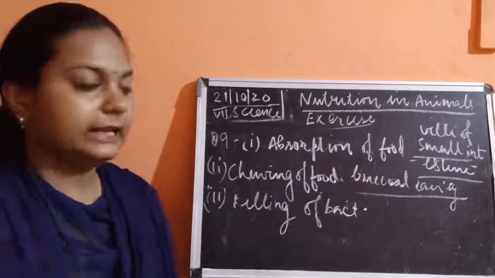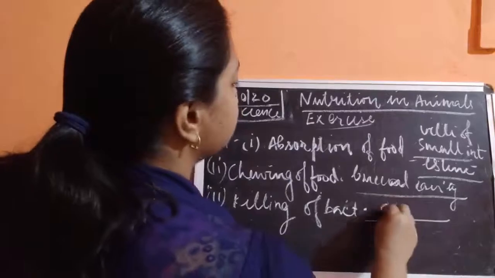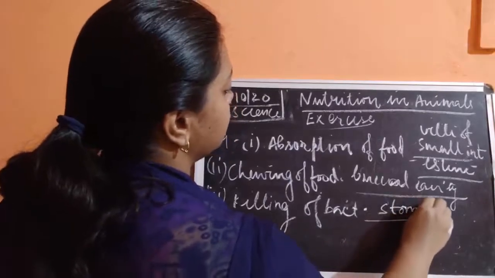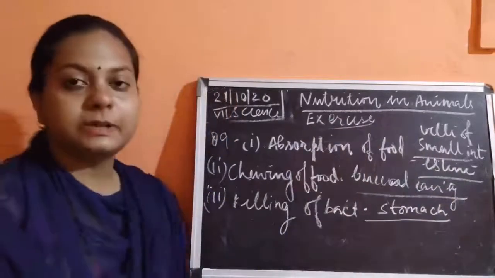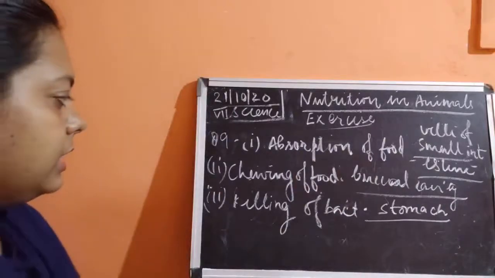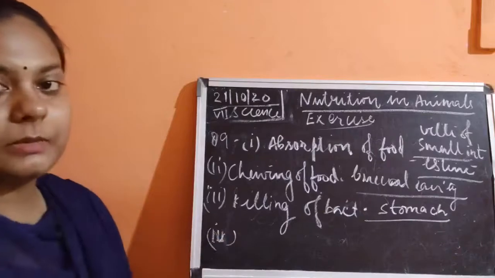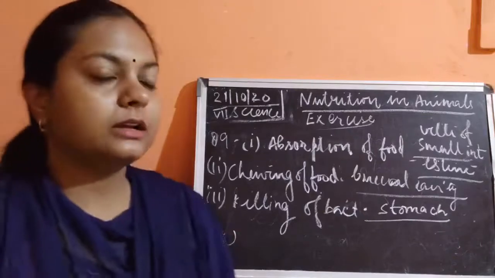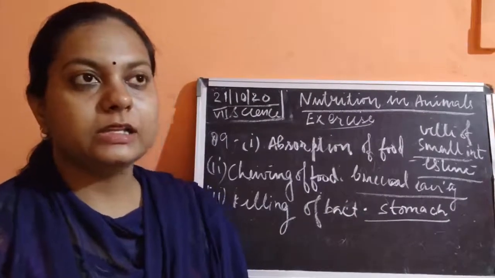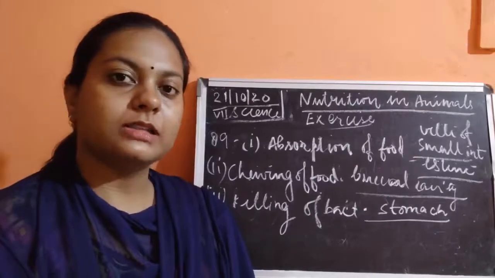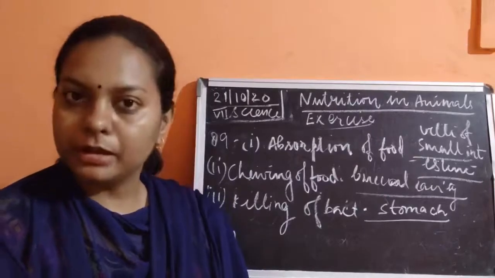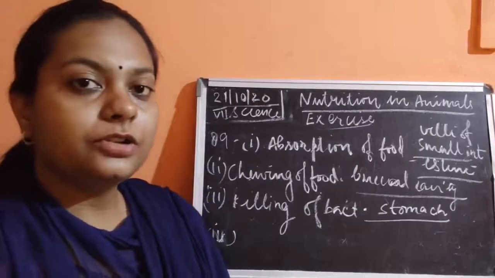Next is killing of bacteria. Killing of bacteria takes place in the stomach. Now, why is this killing of bacteria taking place in the stomach, children? I think you can recall. The killing of bacteria is done in the stomach because the stomach secretes one chemical, which is known as hydrochloric acid.